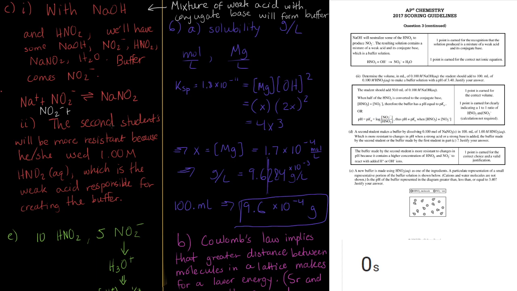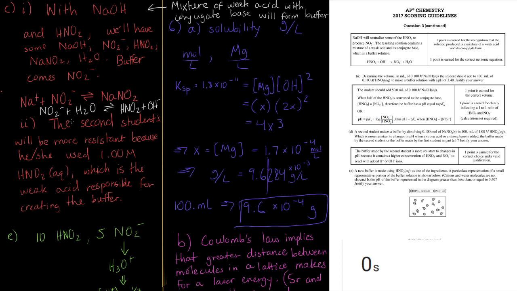What I really want is NO2- plus H2O, which technically is not really going to show up because it's just water, but we'll include it anyway, forming HNO2 plus OH-. So what this says is if we ever added acid, it would shift the reaction right, and if we ever added base, it would shift the reaction left. I think this makes sense to me.